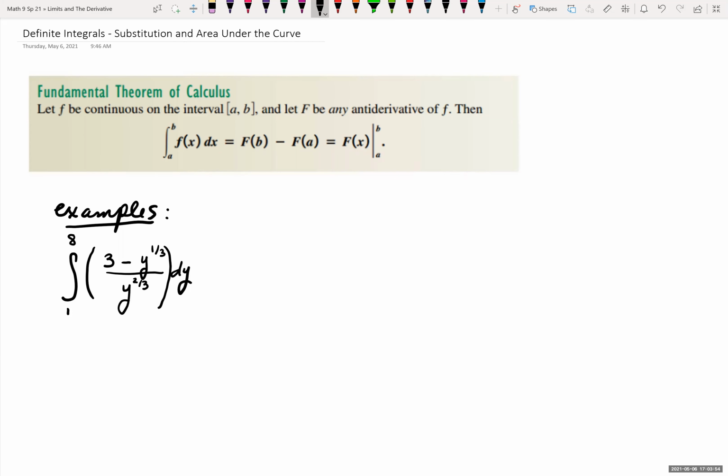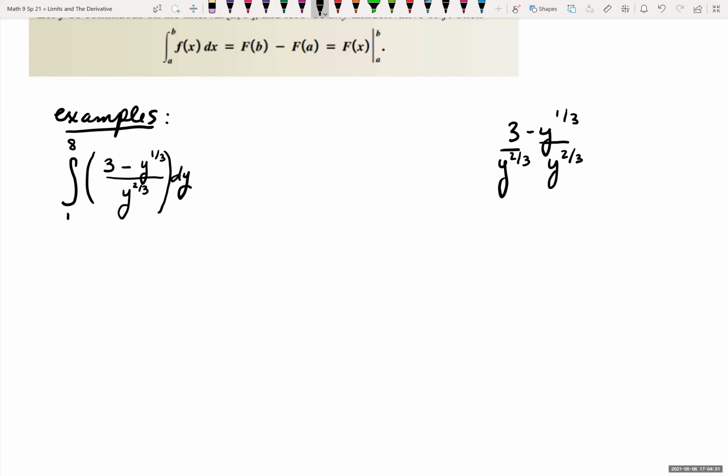And if I do that, then I can bring up the y to the 2/3 in the first fraction, rewriting it as 3y to the negative 2/3, minus. And so I have the same base division, I subtract my exponent. So my exponent on top minus my exponent on the bottom if I'm bringing it up.